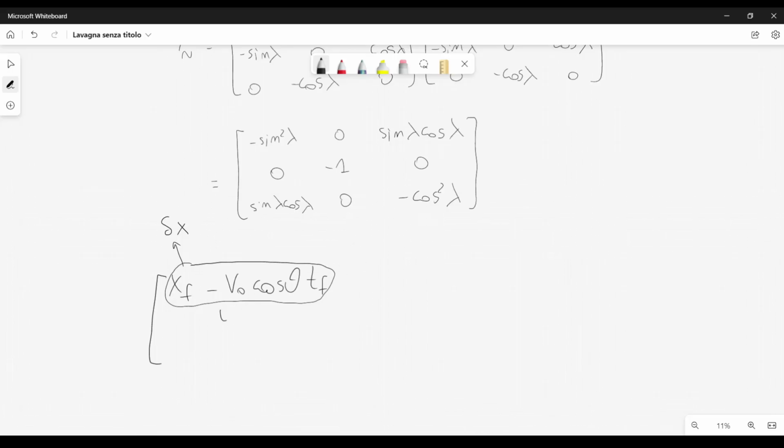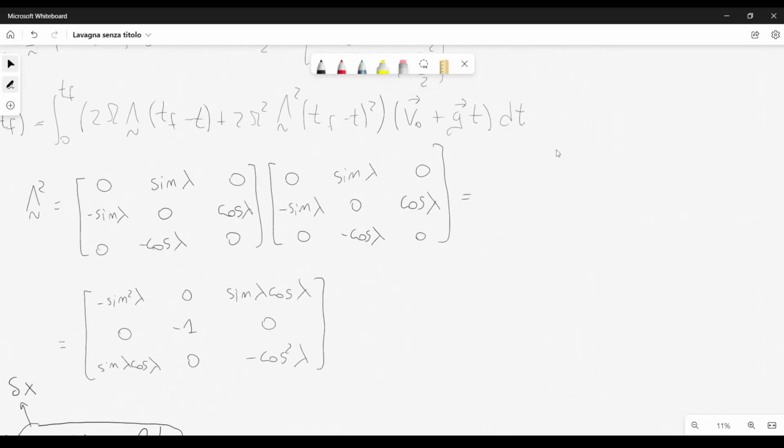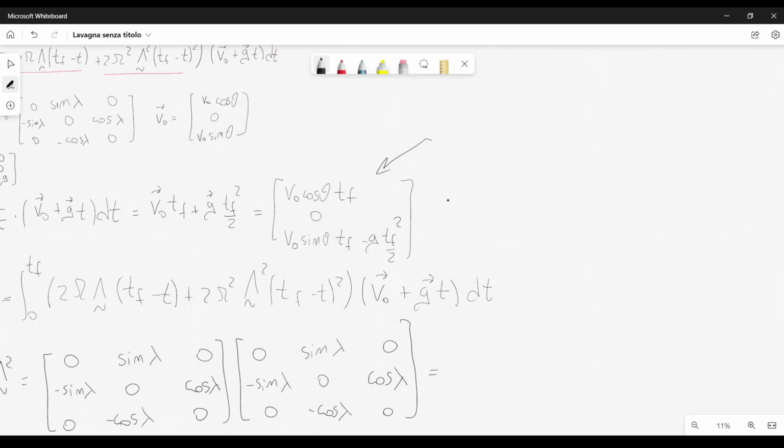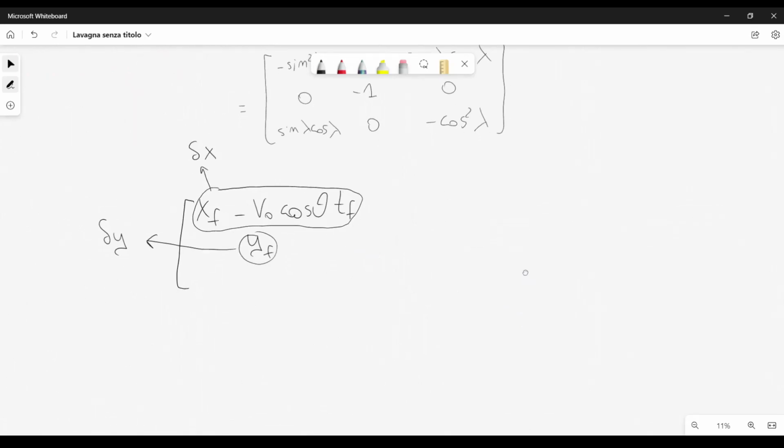Then here we have yf minus 0, so the y component of f is already equal to the deviation delta y, because if there were no Coriolis force, the y component would be 0. So yf is equal to the deviation of y, which I call delta y.